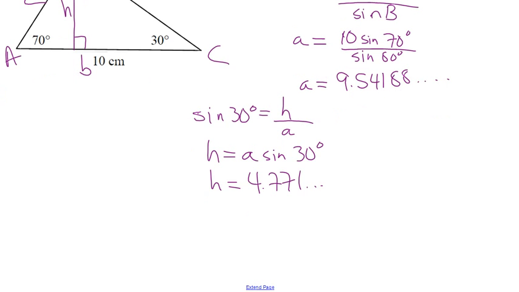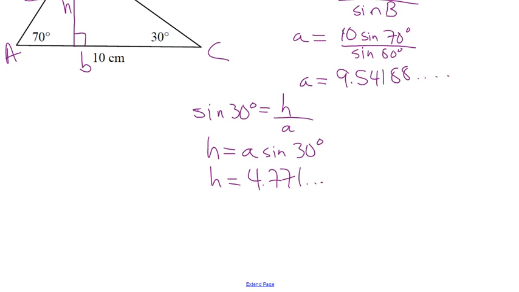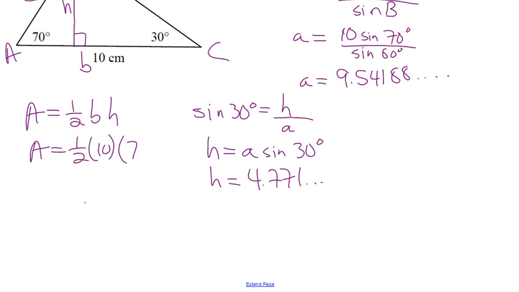Okay, so then, what's area? Base times height over 2. Okay, so area is 1/2 base height. And what are we rounding to? 10th? Okay, so what is it? How much? 23.9.